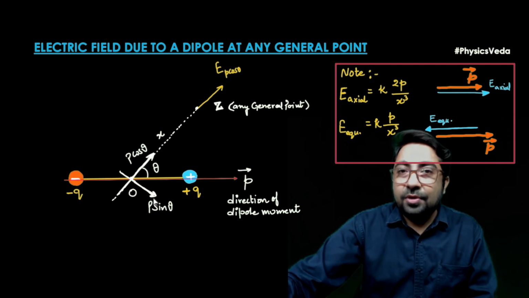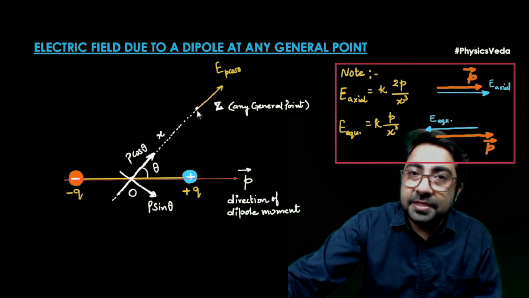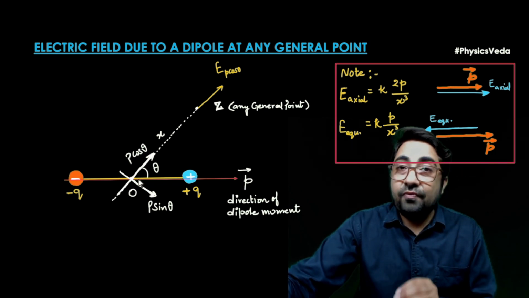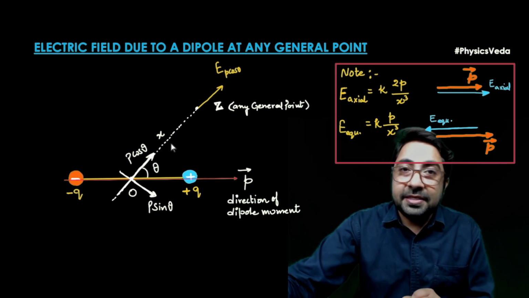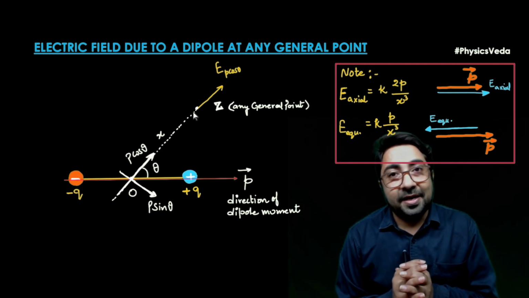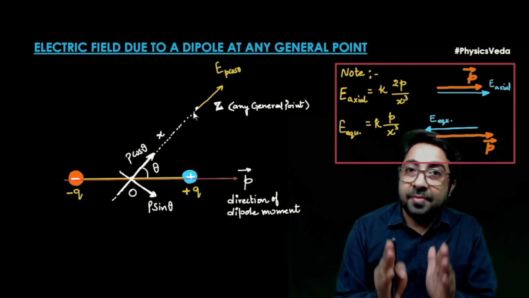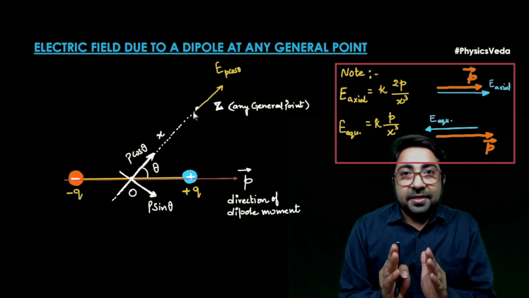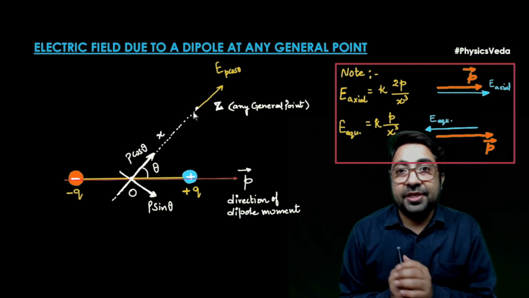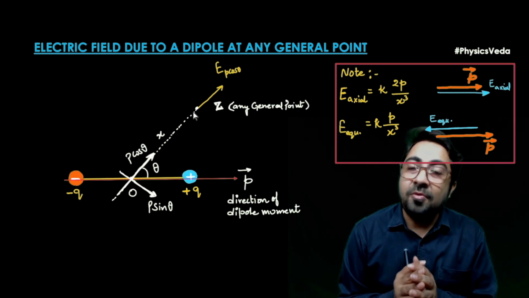And also this z point is equatorial point for p sin theta. So we can write electric field intensity at the equatorial point for the dipole that is p sin theta. और हमें डायरेक्शन के बारे में भी यहां पर पता है, that is electric field at equatorial and hence its direction is opposite to the dipole moment.